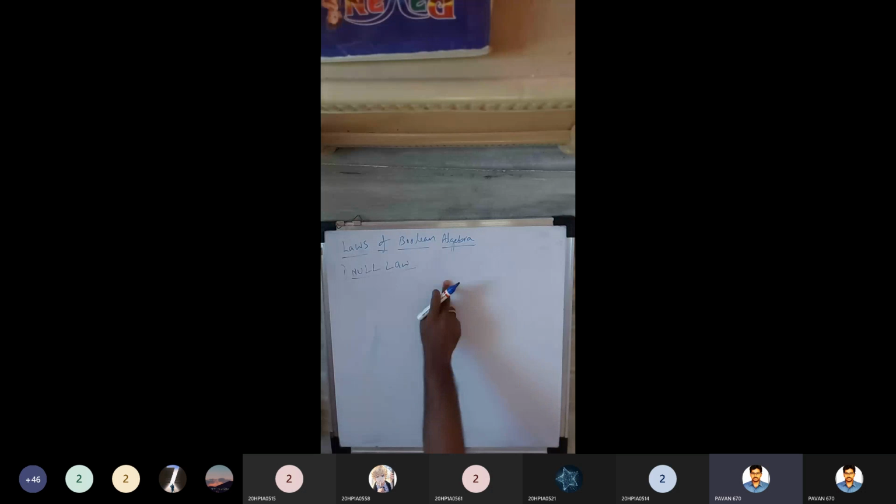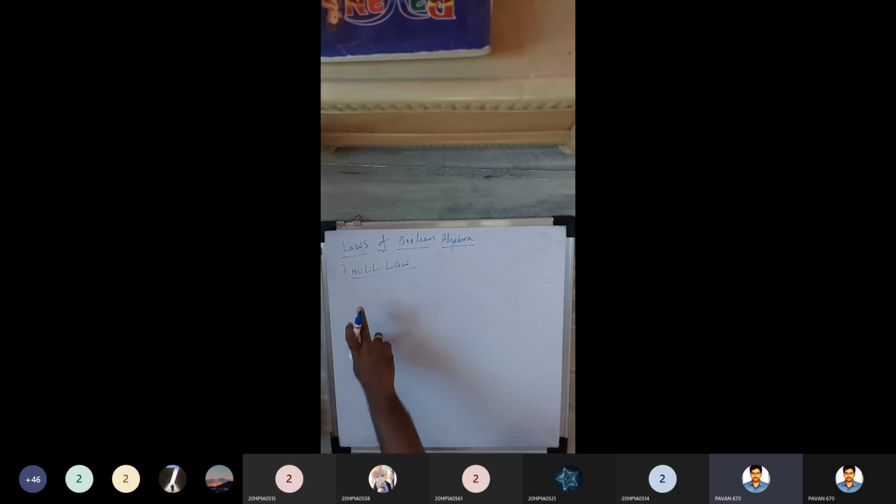Here you can write a point: there are two laws. And below that, put in brackets AND, so that with respect to AND operation, we are framing one law.